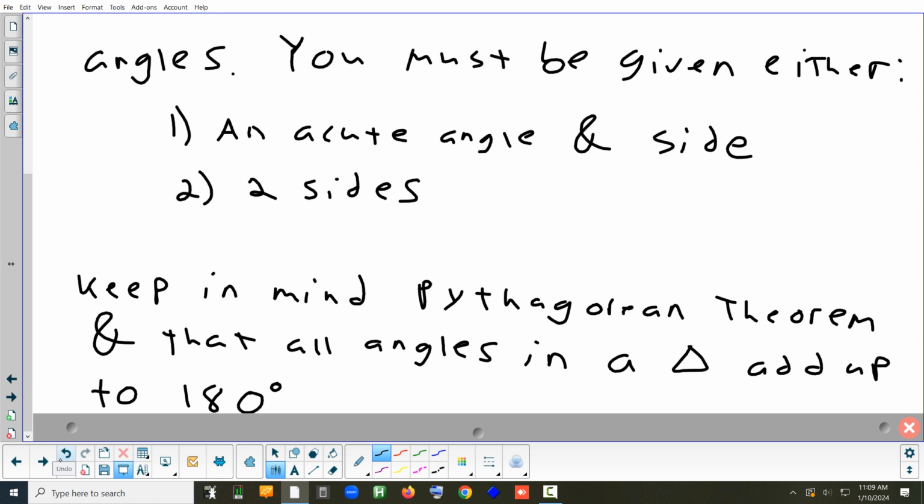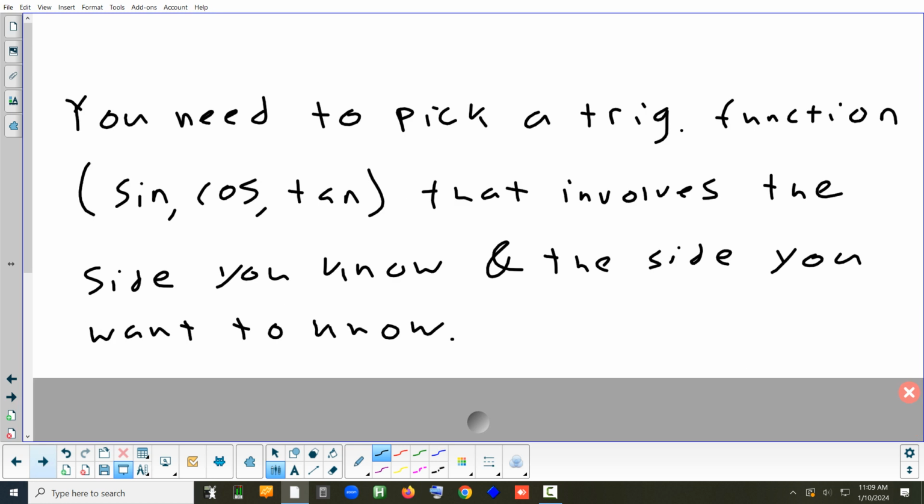Why not? Because if you use something that you got wrong to find something else, then you're going to get that wrong. So when we solve, we're always going to go back to the information that was originally given in the problem. Always.